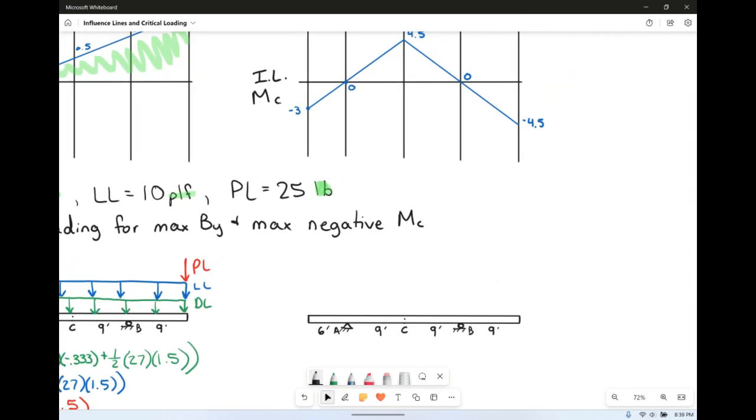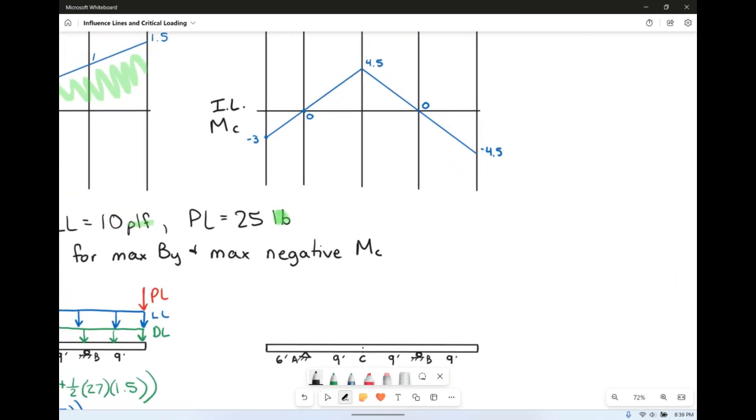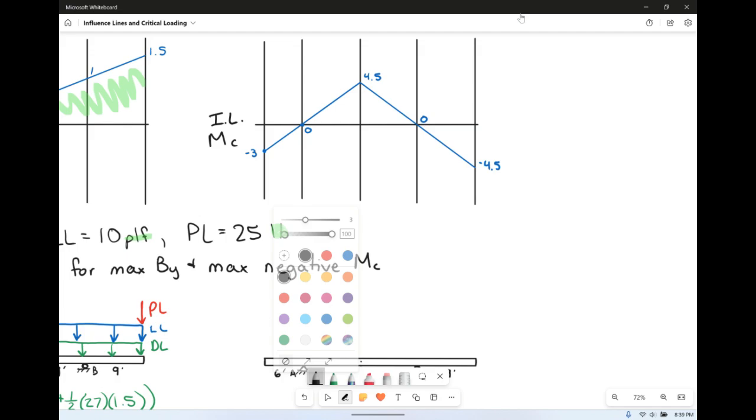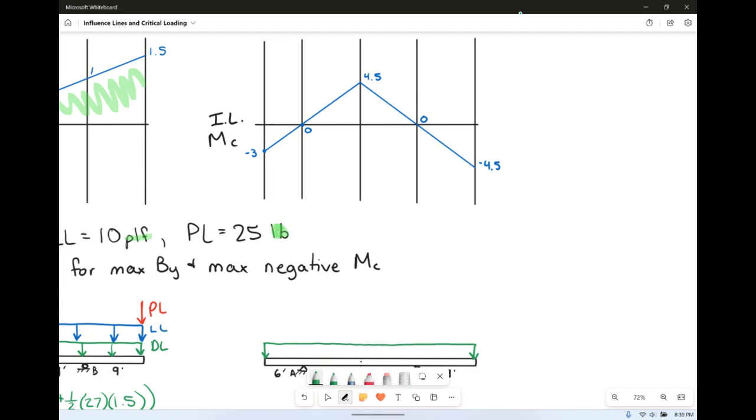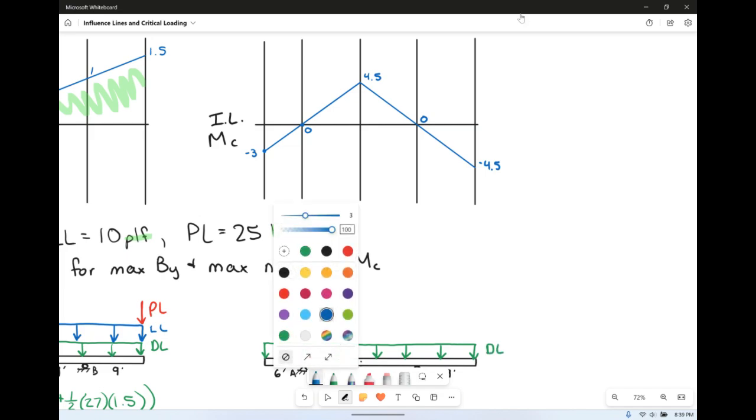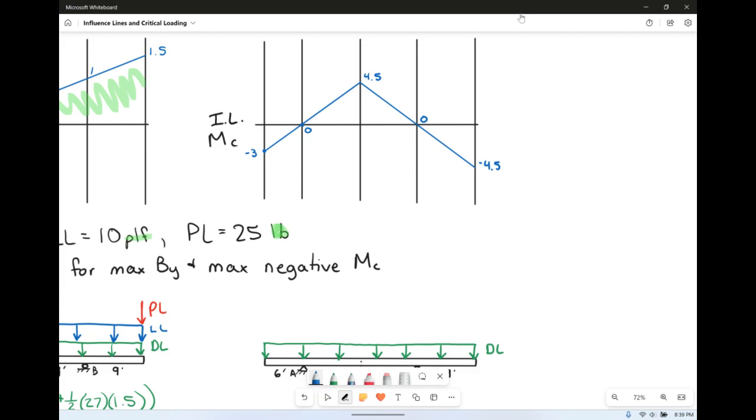So that's effectively what we're going to do. If we want maximum negative moment at C, it's going to be kind of the same thing. The dead load, we don't get a choice. Dead load just acts across the entire thing. You can't say that the self-weight of the beam doesn't exist because you don't want it to, right? It always exists. So the dead load is what the dead load is. The live load can be anywhere we want it to be.